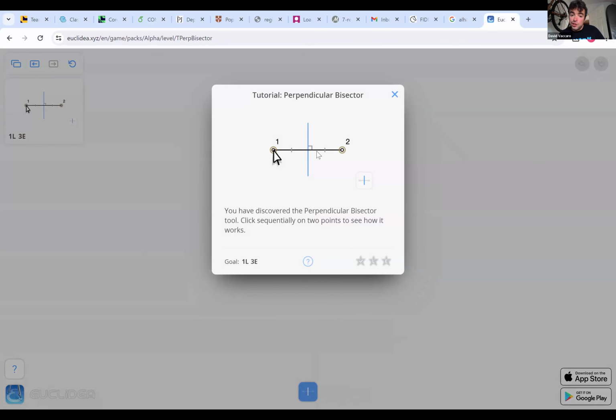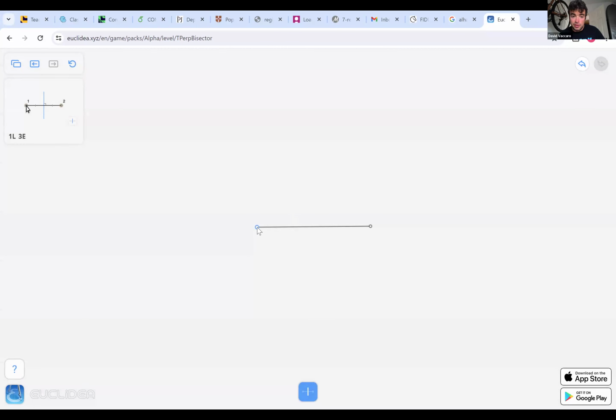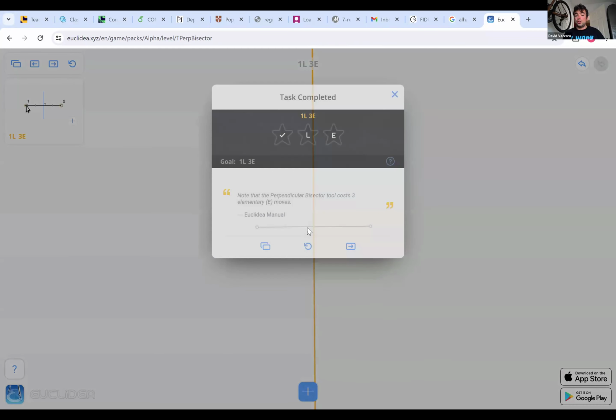What it then gives you is a tool that allows you to just draw a perpendicular bisector if you're given 2 points. I love this game.